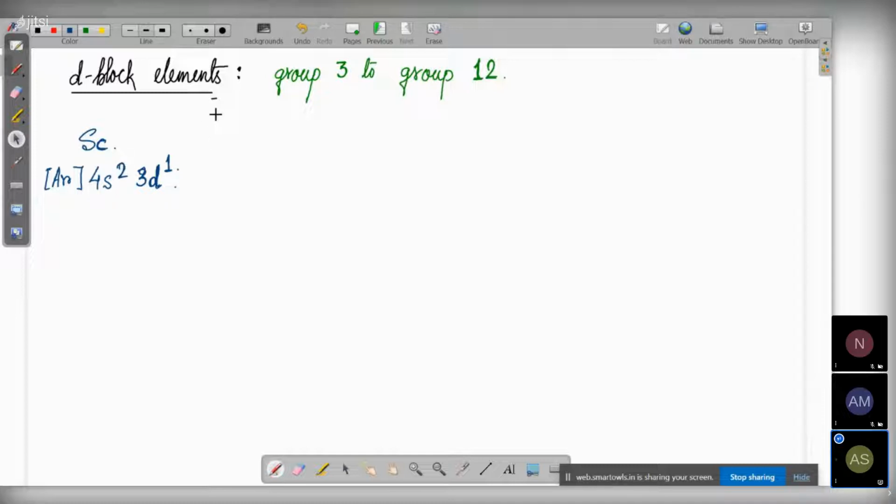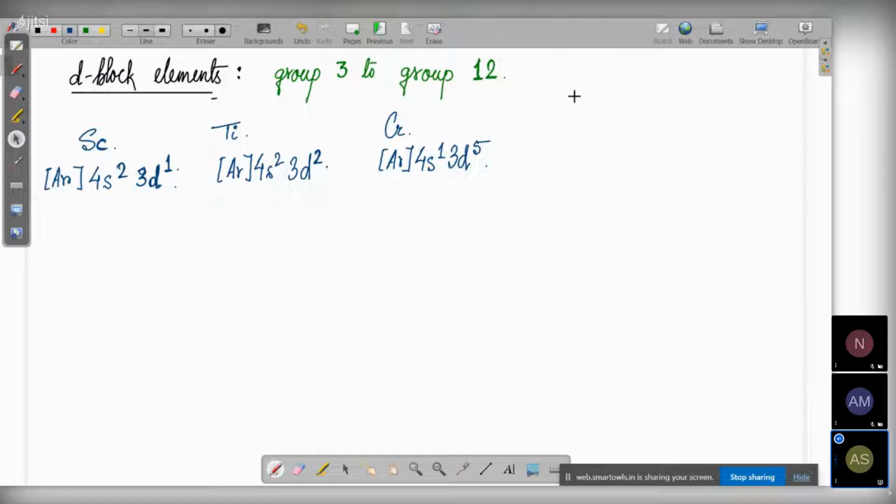Then let's take titanium, that is argon 4s2 3d2. Then let's take chromium, that is argon 4s1 3d5. This is an exception we have done in the last class.